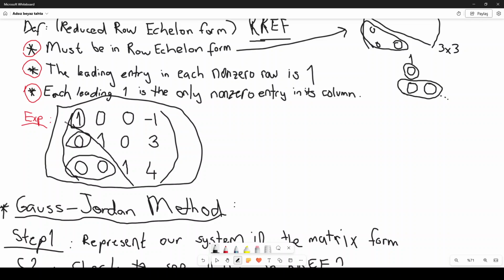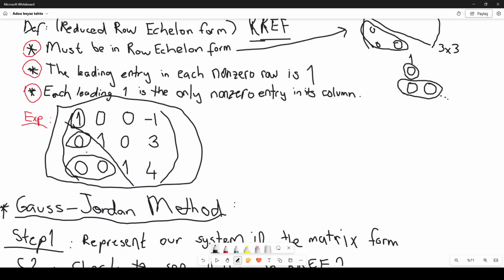For the first row, the very first element which is not equal to 0 is 1, and this is a non-zero row, because there are values which are not equal to 0. The leading entry is 1 for the first row, and it is satisfied.